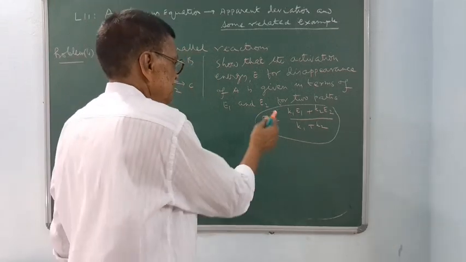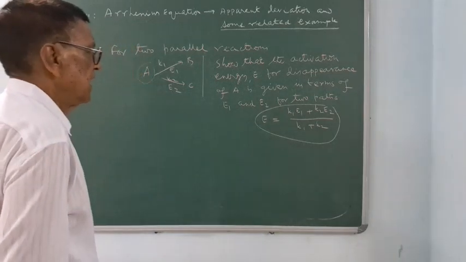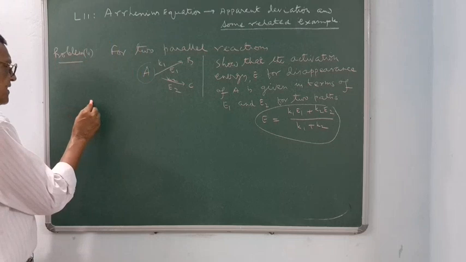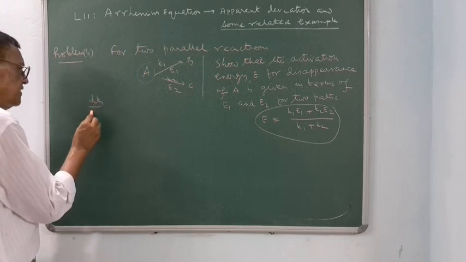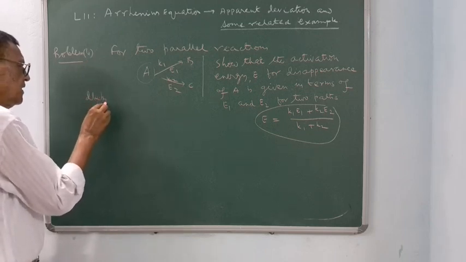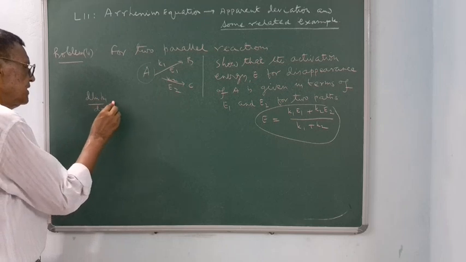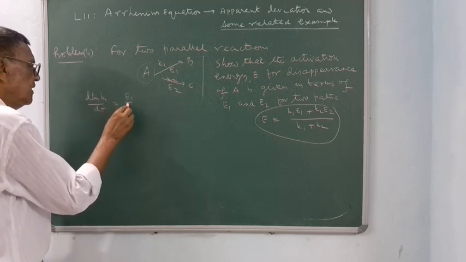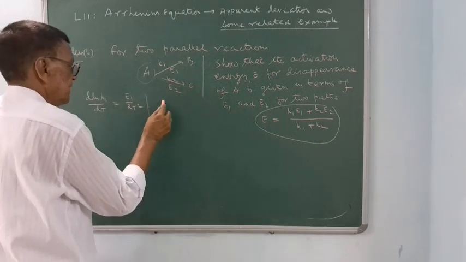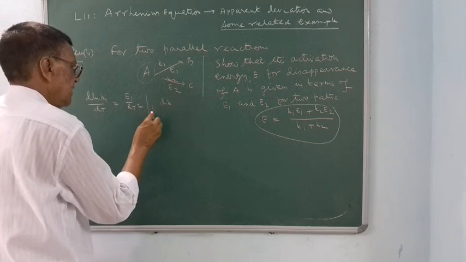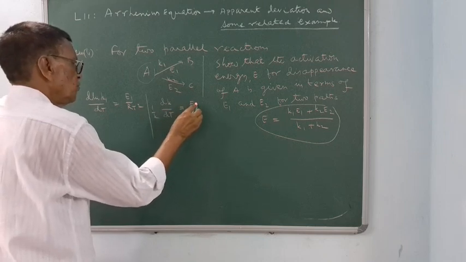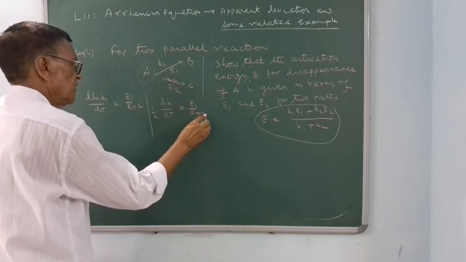We have to show this relation, and you know the Arrhenius equation: d ln k1 by dT equal to E1 by RT square, or dk1 by k1 dT equal to E1 by RT square.